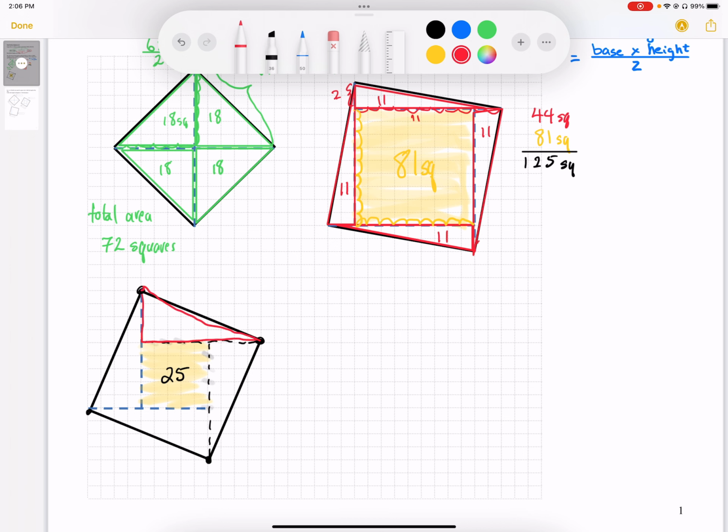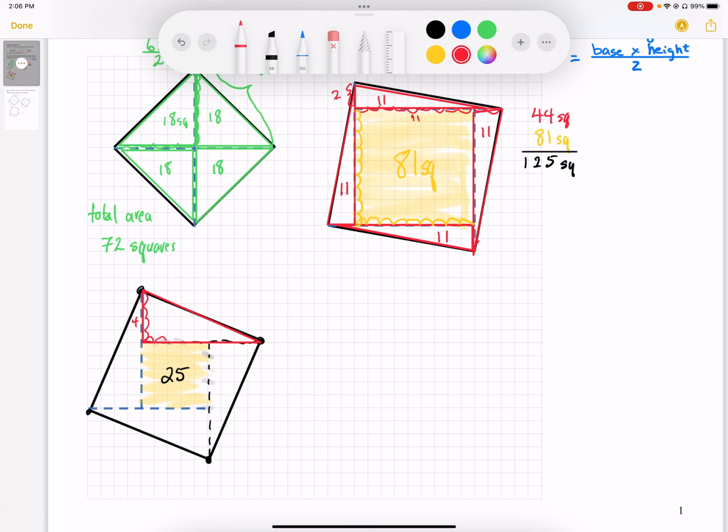So what I'm going to do is find out these areas. I'm going to redraw that one there. So we're going to find the vertical height and the horizontal width. So I'm going to count. 1, 2, 3, 4. Make sure you go all the way to the corner.